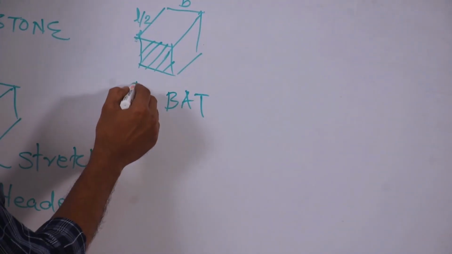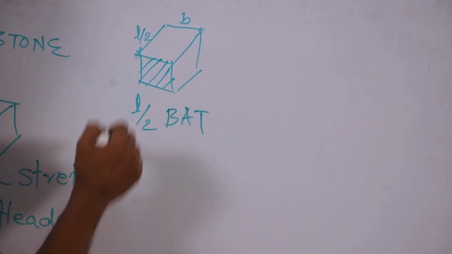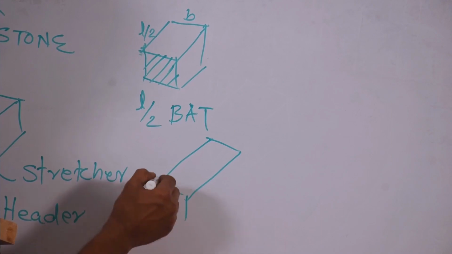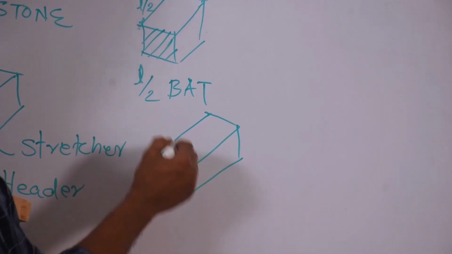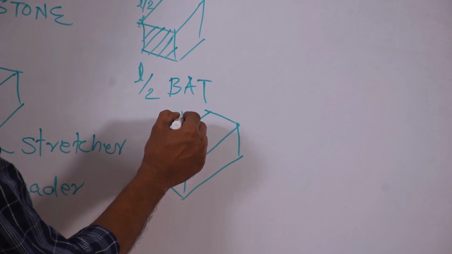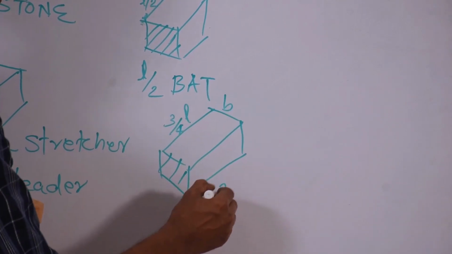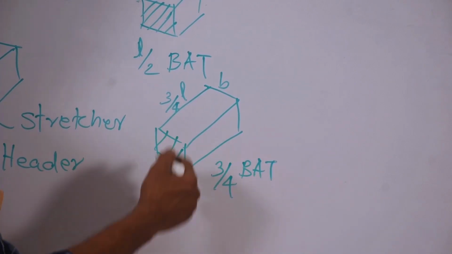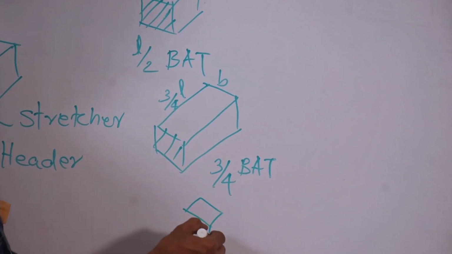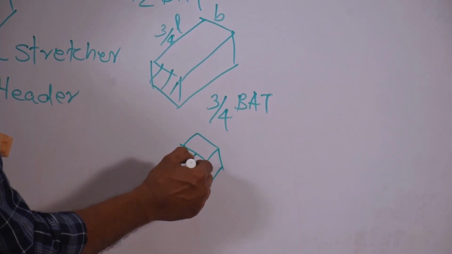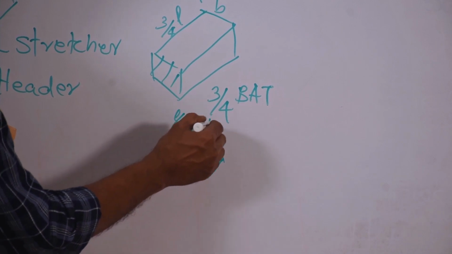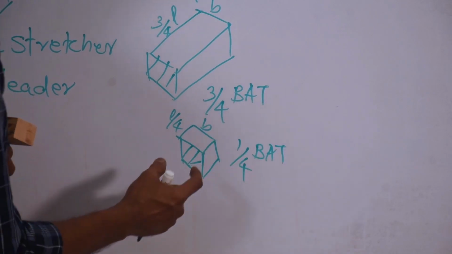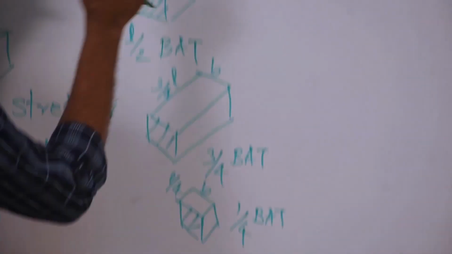If the length is L by 2, it is called a half bat. If the length is 3 by 4 of the total length L and full width, it is called a 3 by 4 bat. And the remaining portion is 1 by 4 length. If the length is L by 4 and full width, that is a 1 by 4 bat. So depending upon the length, 1 by 4, 3 by 4 and half bat.